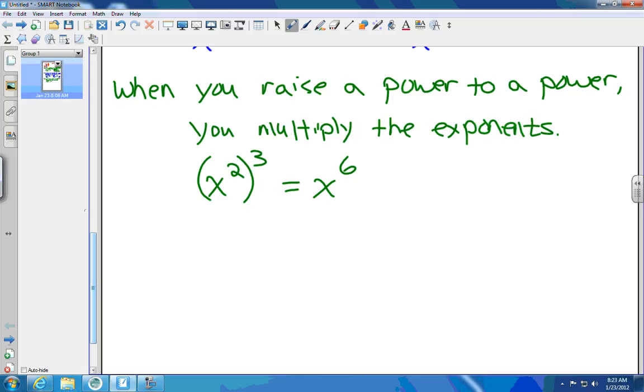If you had a problem where it was a negative, x to the negative 3 raised to the 6th power, you're still going to raise power to a power and multiply, so that would give you x to the what? Negative 18th power. And then what would we have to do? Put that in the bottom, so you'd have 1 over x to the 18th.